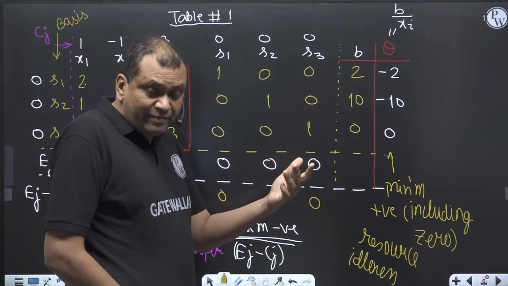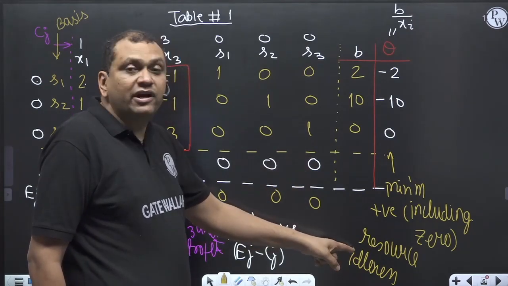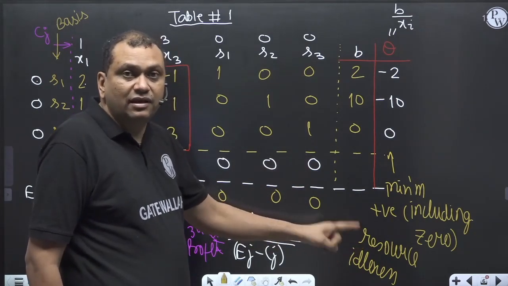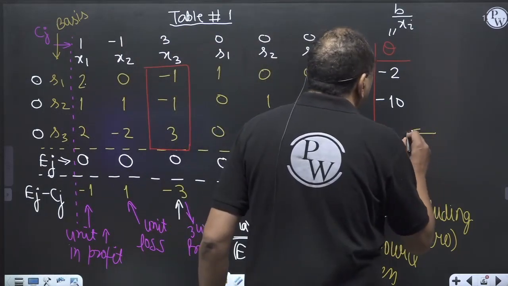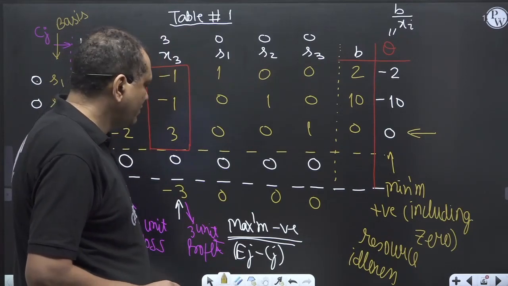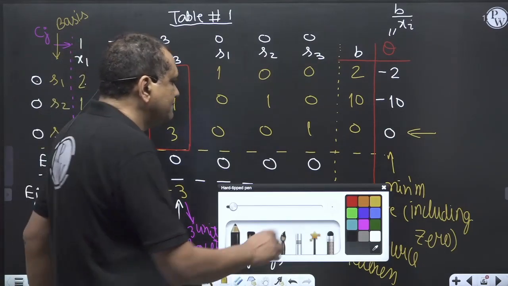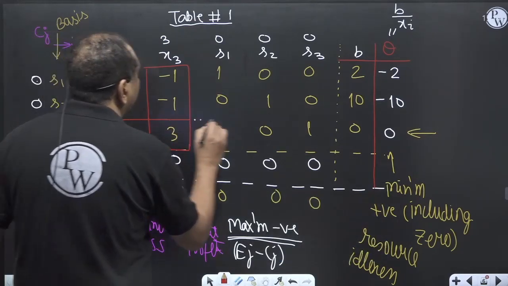So in the optimum condition, I want minimum idleness, so I will select this one. Okay, so this is your entering column.